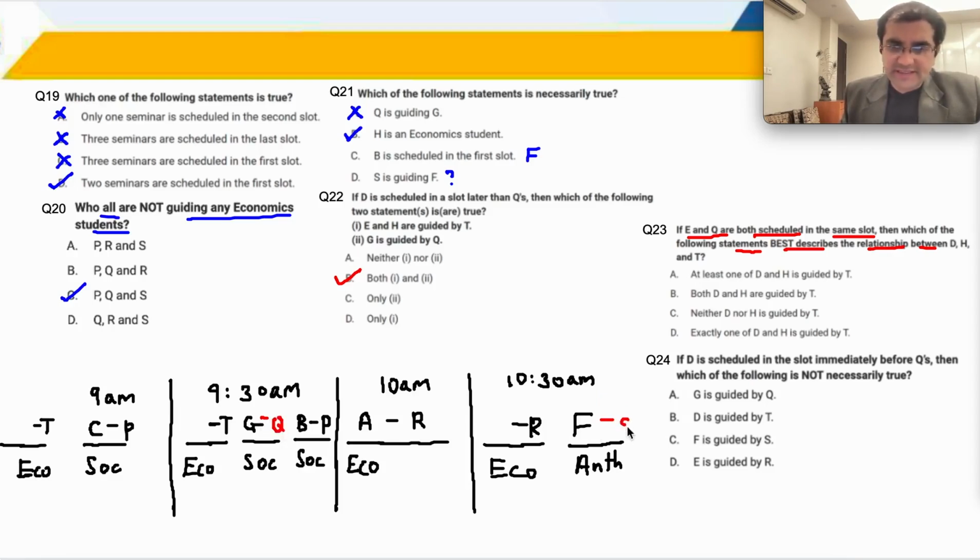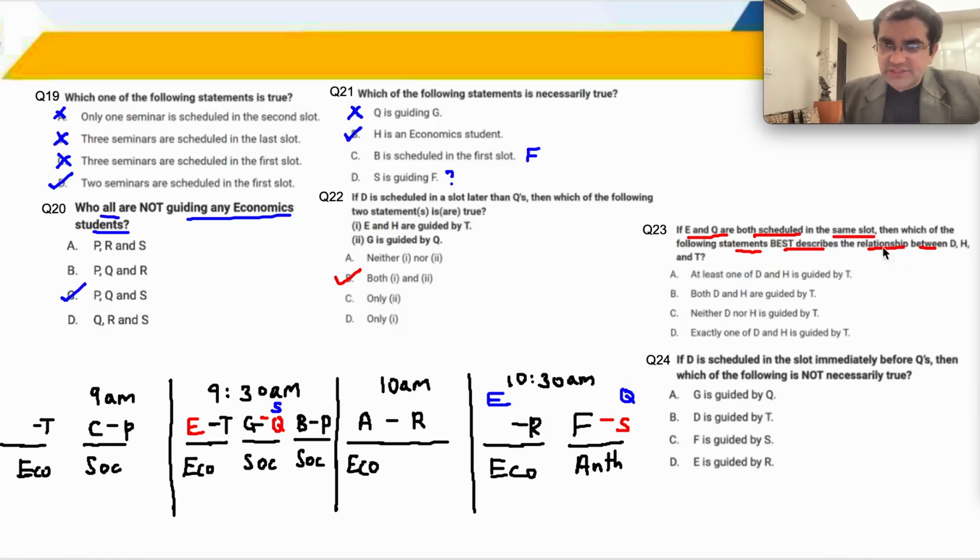Q idhar, S idhar. E and Q are in the same slot. Or Q idhar and S idhar. E is with Q. ये आपके दो cases हैं. The two cases are in red color and in blue color.